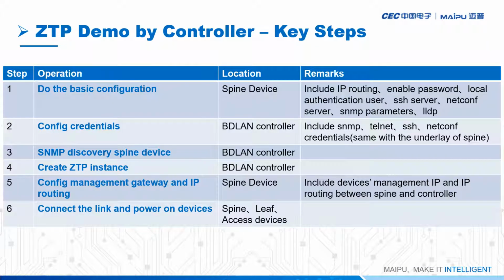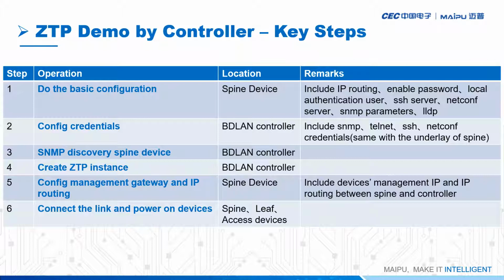If we want to do a complete zero touch provision on the BDLAN controller, it just needs 6 steps. Step 1 is to do the basic configuration on the spine devices, and the basic configuration includes the IP routing, enable password, local authentication user, enabling the SSH server, netconf server, and SMP parameters, and enabling the ALDP.